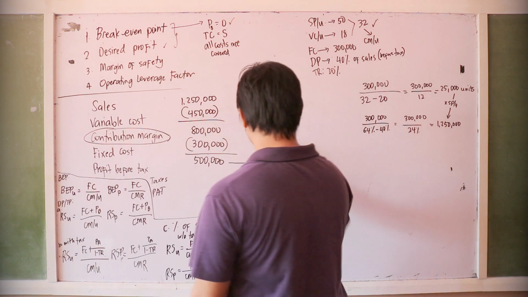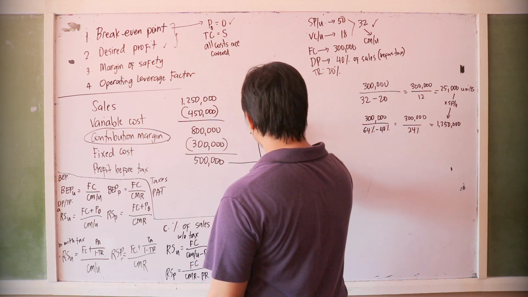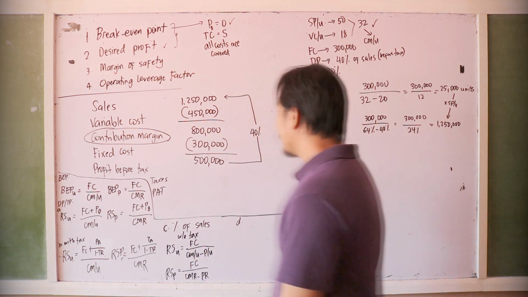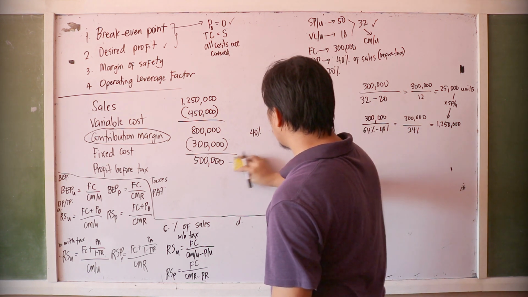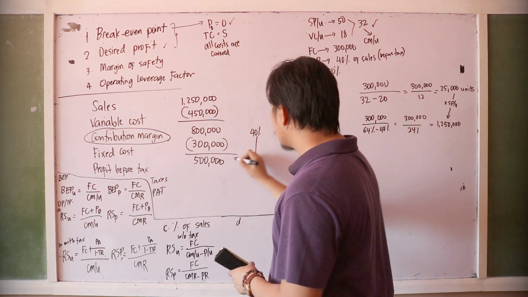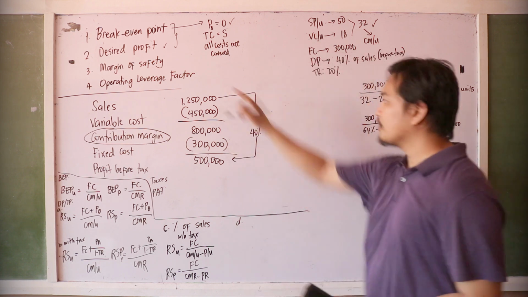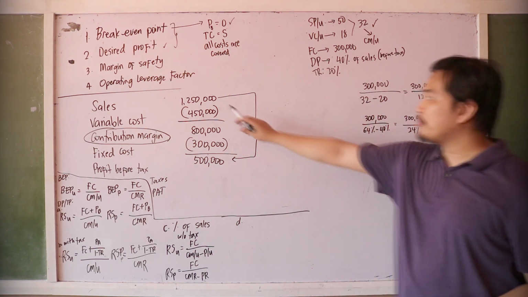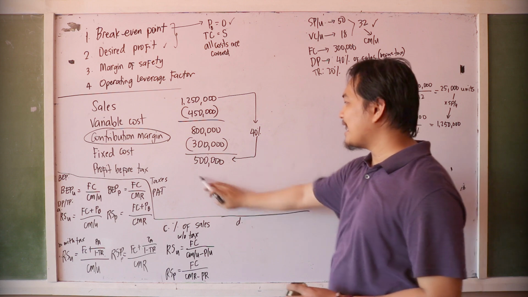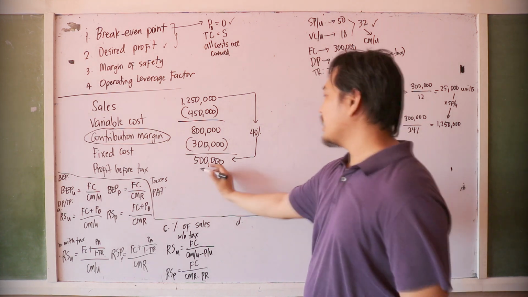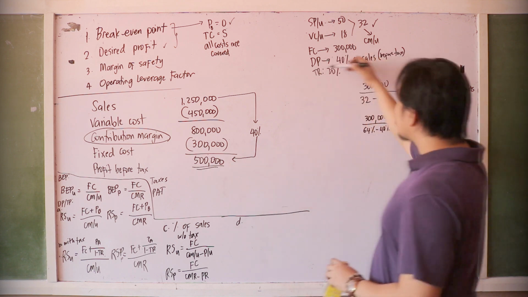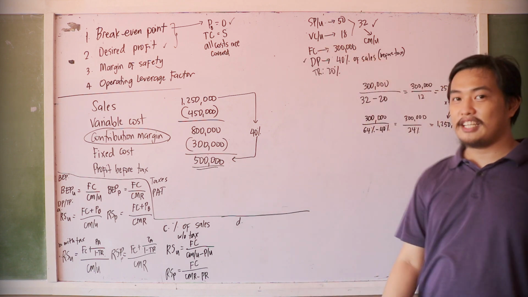Check natin kung yung profit ba na lumabas 40% of yung sales natin. Lalabas kaya yung 500,000? Yes. And therefore, na-achieve natin yung desired profit niya na 40% of sales before tax.